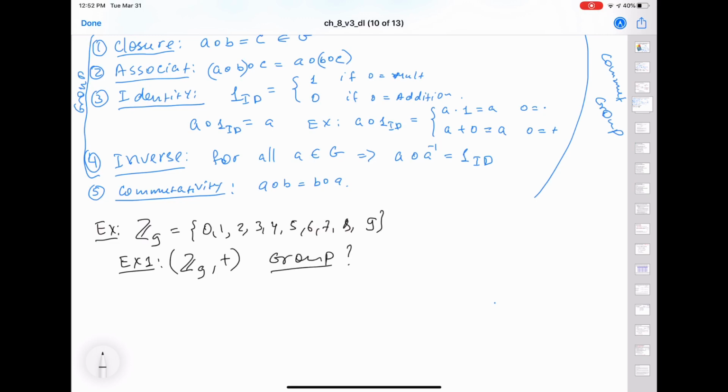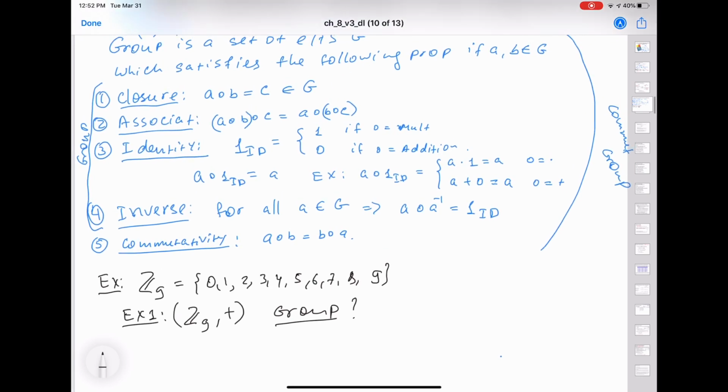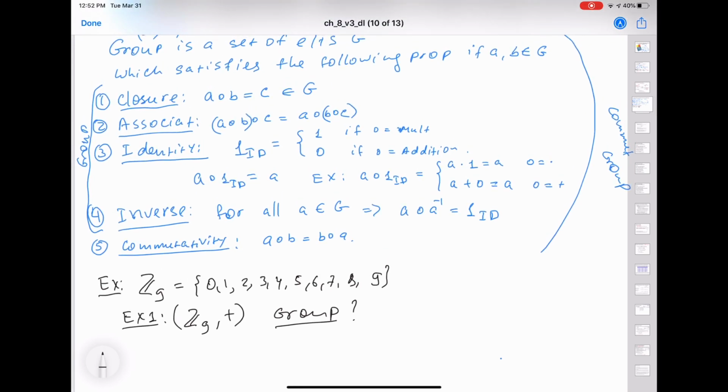What do you think? Does it satisfy these 4 conditions? If you take any 2 elements in here, add them and take modulo 9, is the result going to be inside the group? Let me give you an example. Let's take 6 and 8. 6 plus 8 is 14.